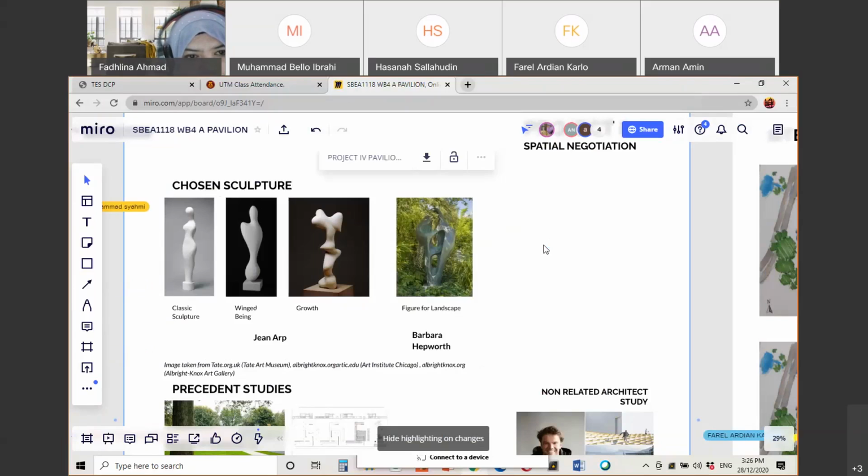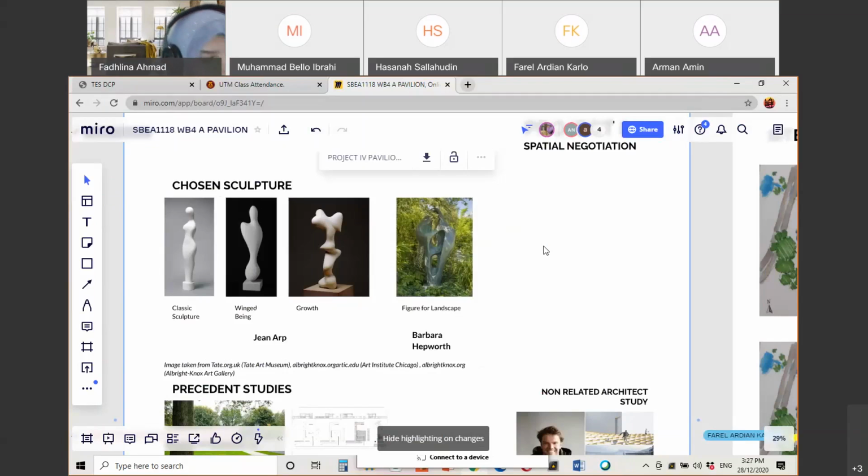The other one, Winged Being, is another Jean Arp sculpture where he's trying to incorporate mystic philosophy, like how he tried to emphasize the dynamic force of life and energy within his sculpture. Then the Growth one is him trying to do an abstract style of metamorphosis.